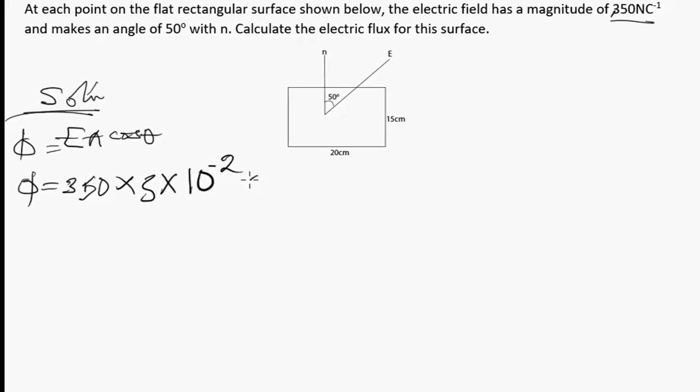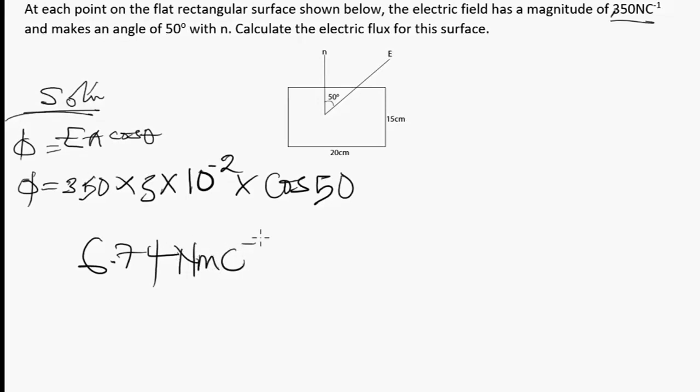And then I'll multiply this by cos theta, which in this case is cos 50. When we check this with our calculator, we should have 6.74 newton meters per coulomb. So that is it. I'll go ahead and wipe this.